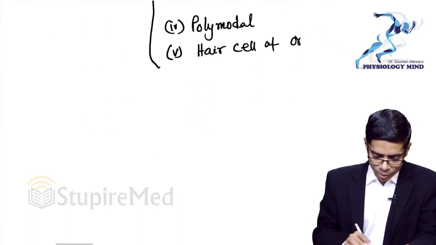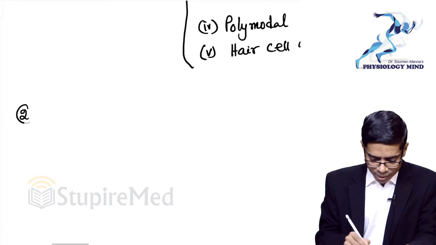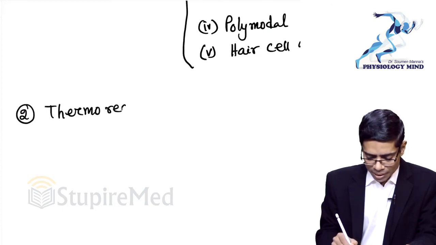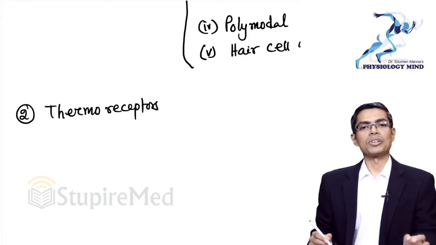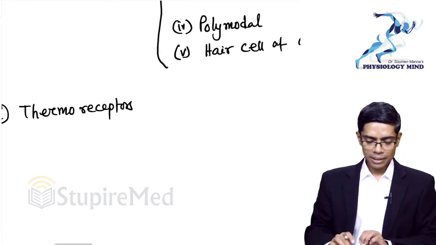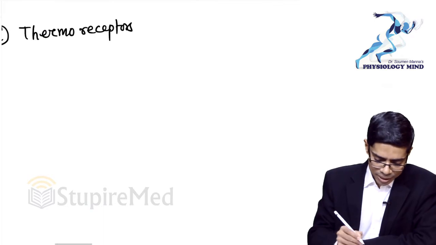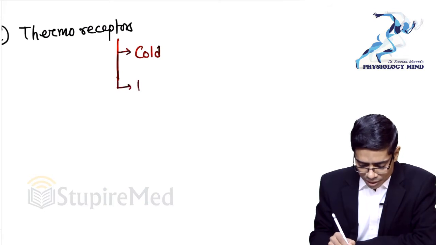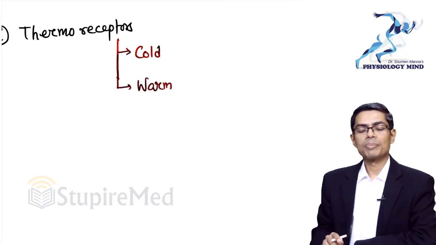Now the second group of receptor is the thermoreceptors. Obviously you can understand that they are activated by temperature. There are 2 types. One is the cold receptor, and one is the receptor for hot or warm temperature.